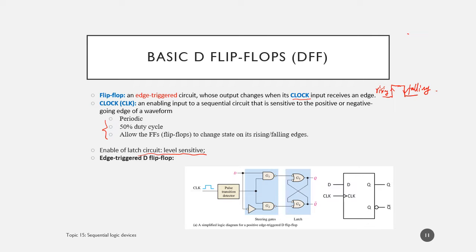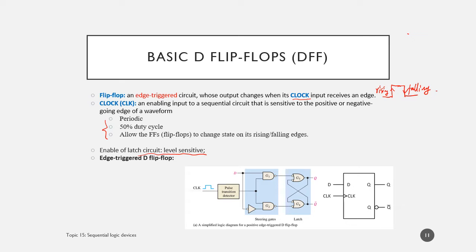And in most cases, at least here, the clock signal has a 50% duty cycle, which means half of the time in the period the value of the clock signal is 0, and the other half its value is 1. Finally, the clock signal allows the FF to change states on its rising or falling edge.